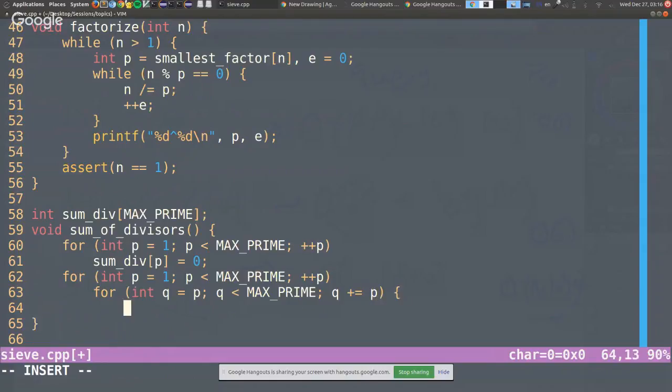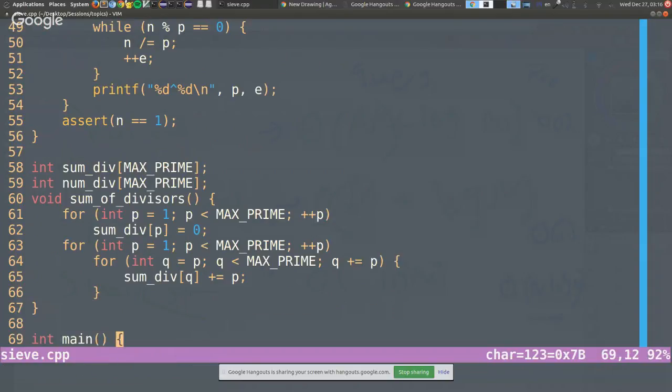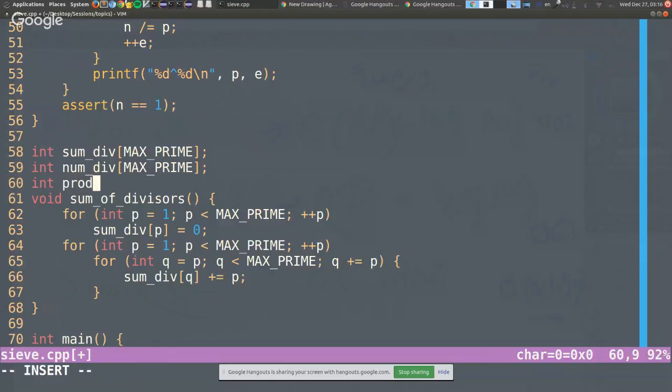Here we work with the distance p. Say the sum of divisors of q, we just add q. And here we can say the number of divisors. And even say the product of divisors.